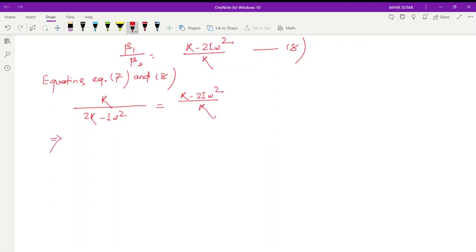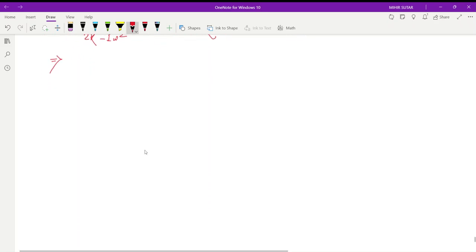So this will give us 2k square minus 4kI omega square minus kI omega square plus 2I square omega to the power 4 is equal to k square.